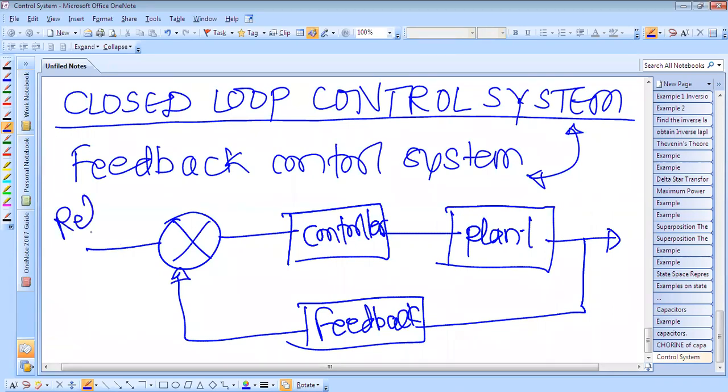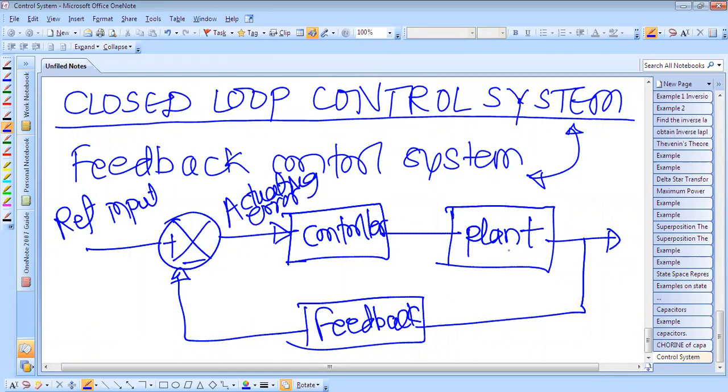This is the reference input, and this is the actuating error signal. It is given to the controller. The controller will actuate the system in such a way so as to give the desired output. So this is also the block diagram of the closed loop control system.